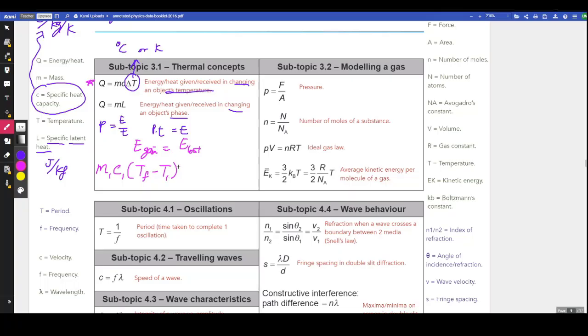Okay, so let's say this is the first object, and then you have another object that is m2c2 (T2 minus Tf). So Tf is a temperature that is between T2 and T1, and let's say T2 is somehow hotter, so apparently this is going to be the higher temperature, while T1 is colder, of a lower temperature simply. And so this is how you could construct the equation.